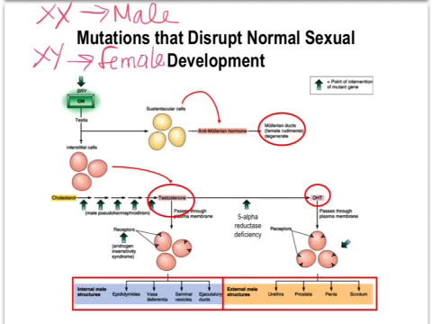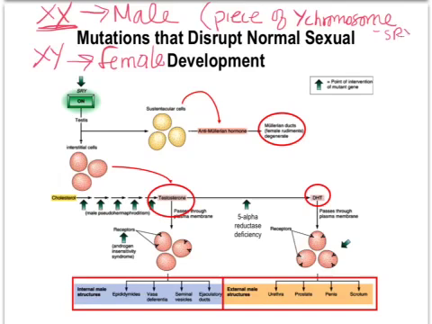After many studies, it was determined that these XX individuals turned into males because they had a piece of the Y chromosome, the SRY gene, incorrectly placed on their X. Just that SRY gene was enough to turn them into males, even though they had two X's.